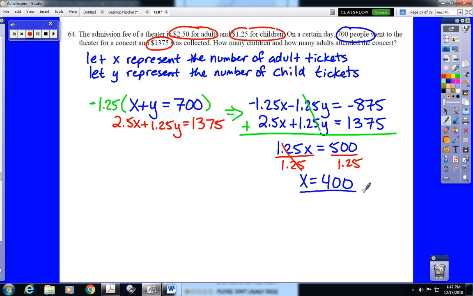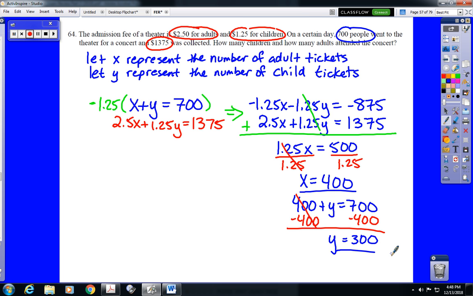So if x is 400, then we can plug that back into this first equation, x plus y. So 400 plus y equals 700. And subtract 400 from each side to get that y is 300.